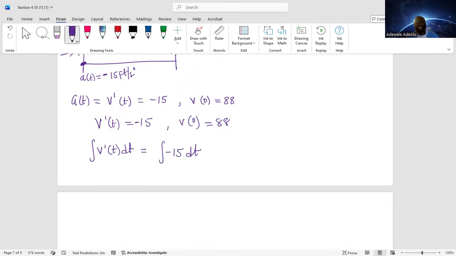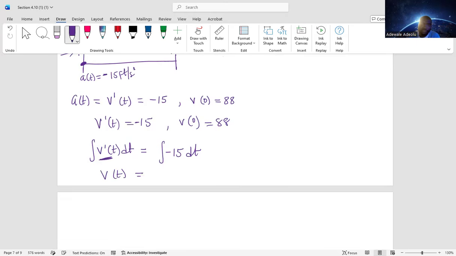So in this case, if I find the antiderivative of v prime of t, remember, the question we're asking is: give me that function such that when I take its derivative, it is v prime of t. So that function is just v of t, right?